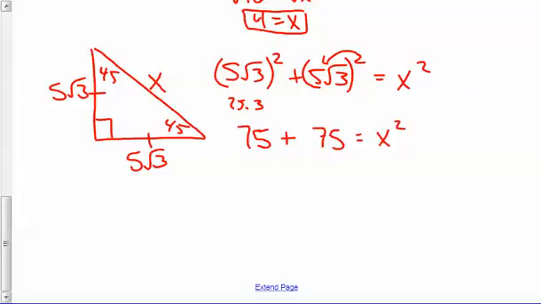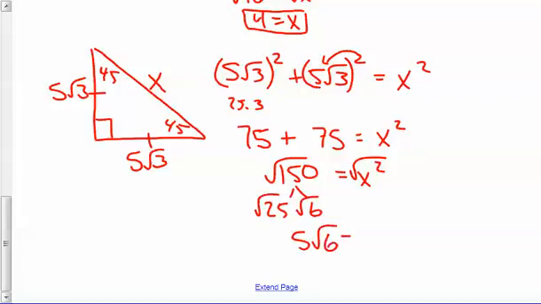So what is this? This is 150 equals x squared. Okay, so take the square root of that, and this is a little bit more of a difficult problem because you have to deal with a larger radical. That's 25 times 6, so that gives me 5 root 6 equals x.